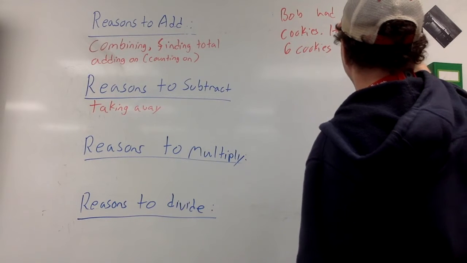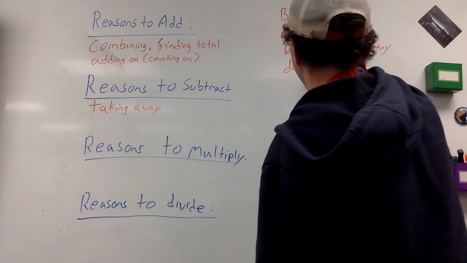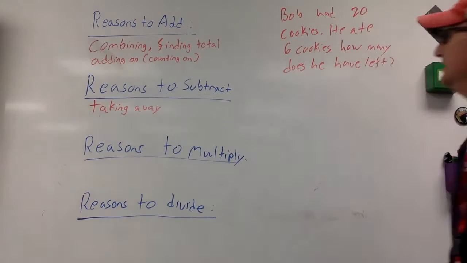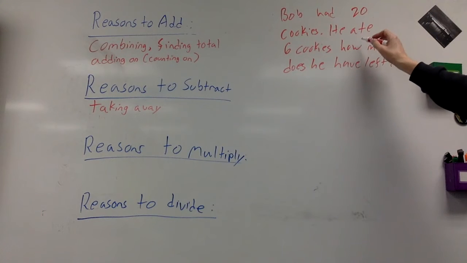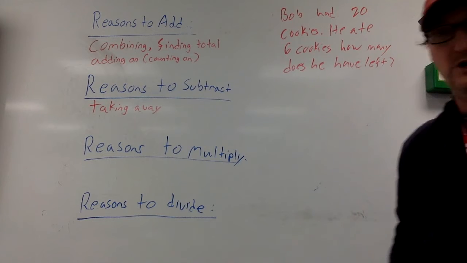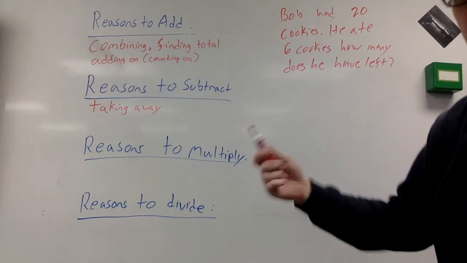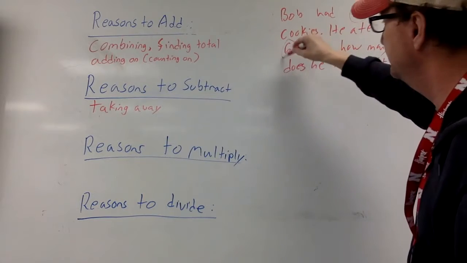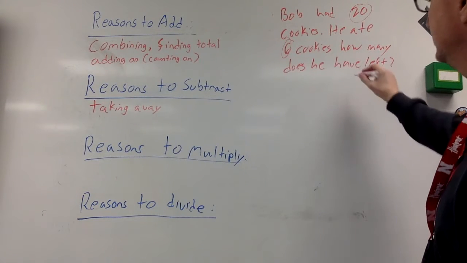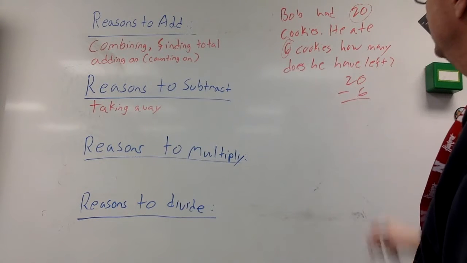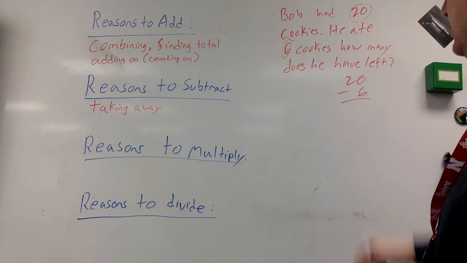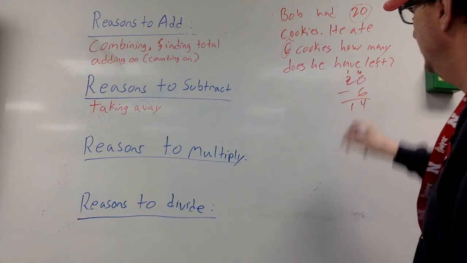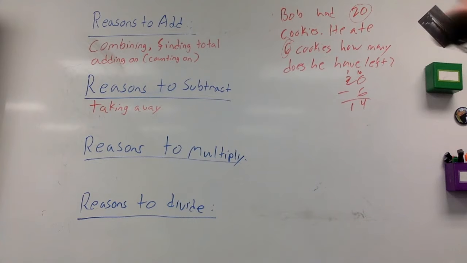How many does he have left? Right? Bob had 20 cookies. He ate 6. How many does he have left? Well, when you eat food, it goes away, right? It becomes less. You're like taking it away. So you had this many, and then this many, that amount was taken away. So 20 minus 6, right? Because you're taking 6 away from the total that you had. So that would leave 14, right? Just simple taking away.